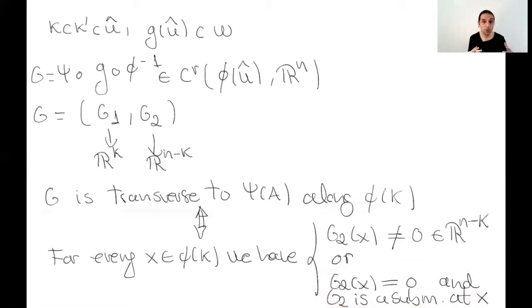And this property obviously holds also true for a neighborhood of this set. And as a consequence, it's also going to hold true for the maps in a neighborhood of G, both in the weak and the strong topology, both in a small neighborhood for the weak topology and a small neighborhood for the strong topology.